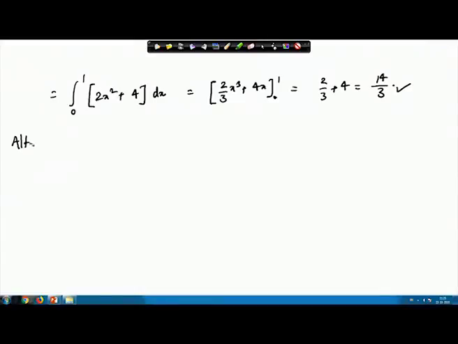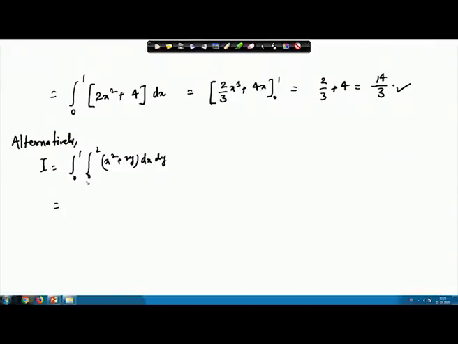So, alternatively we can do I equals integral from 0 to 1, integral from 0 to 2 x square plus 2y dx dy.